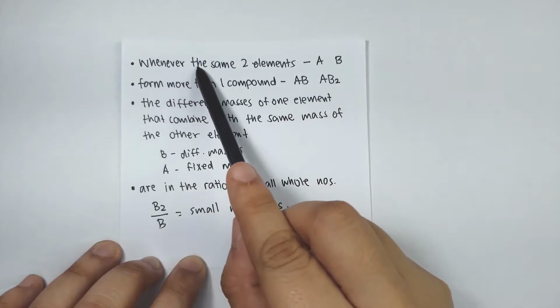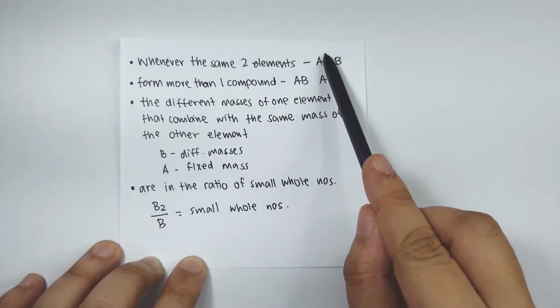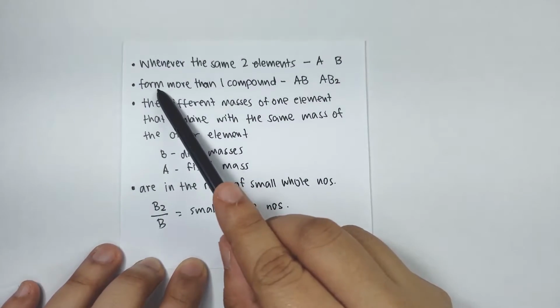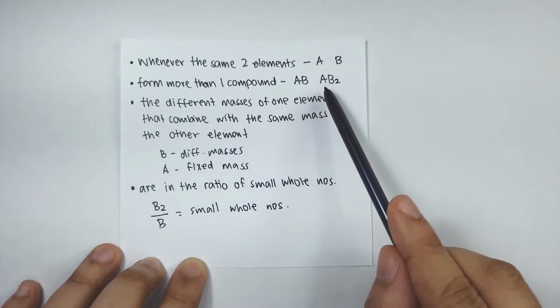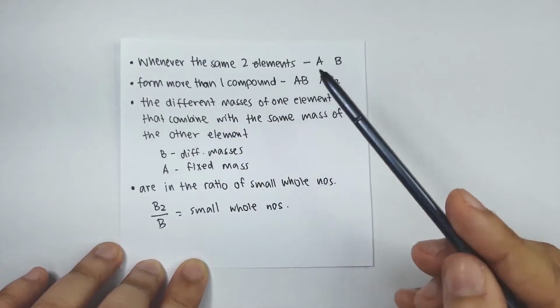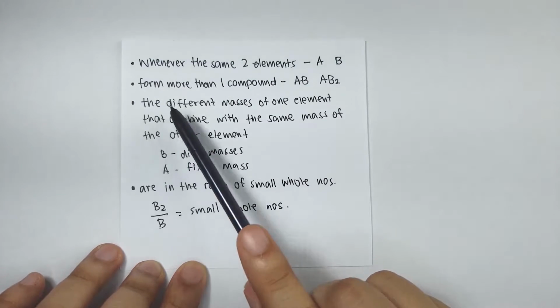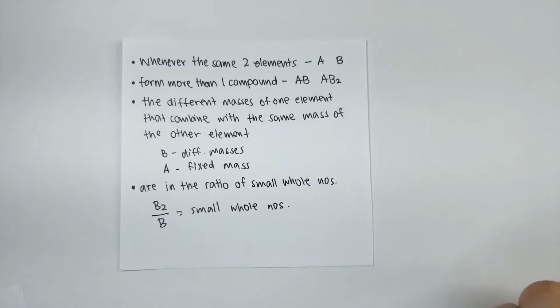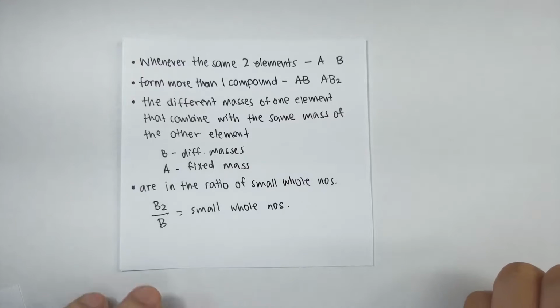So, whenever the same two elements, element A and B, form more than one compound, say for example compound AB and AB2, the different masses of one element that combine with the same mass of the other element.